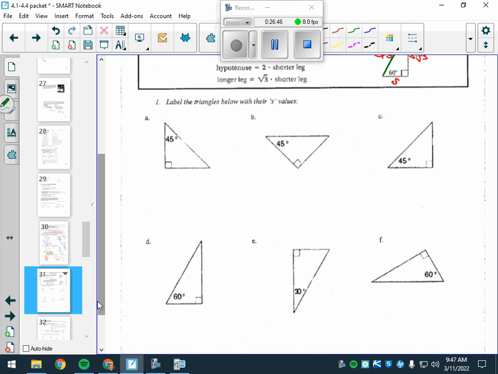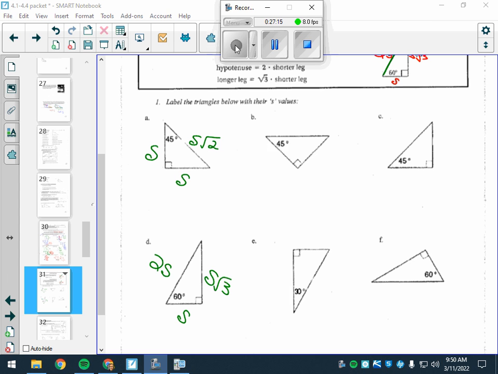So for 45, across from 45 is S. Across from 90 is S root 2. For 30, 60, 90s, across from 30 is S. Across from 90 is 2S. And across from 60 is S root 3. So you guys practice that on the other ones with the twisted ones a little bit.